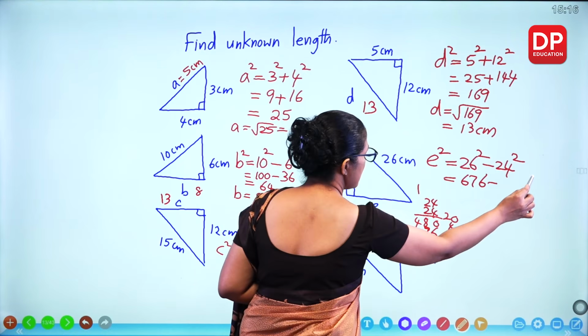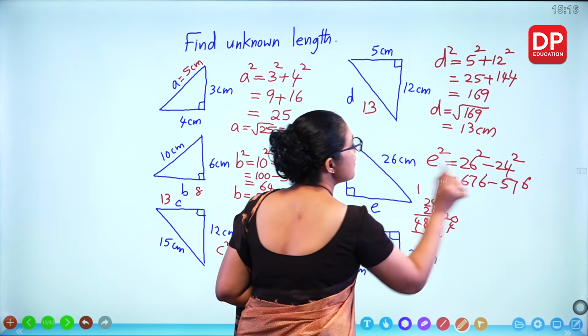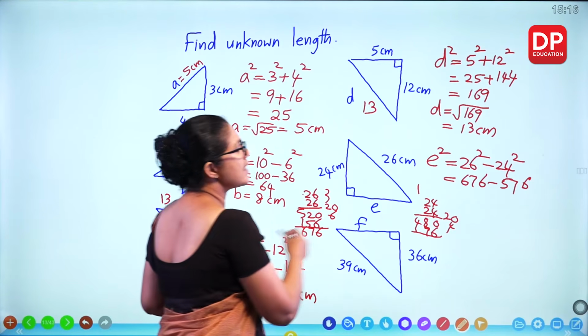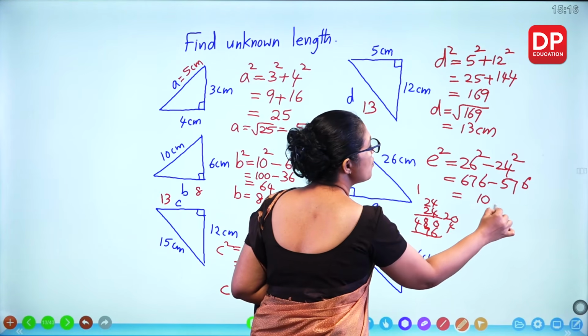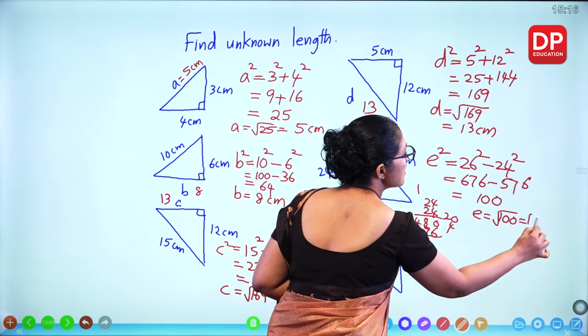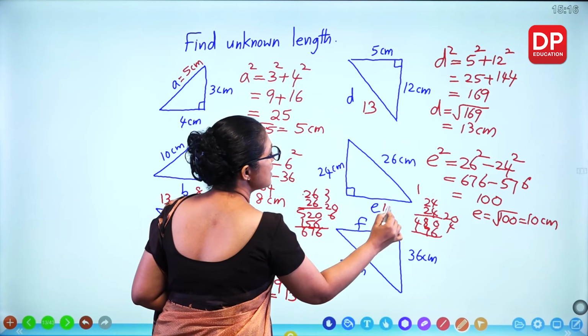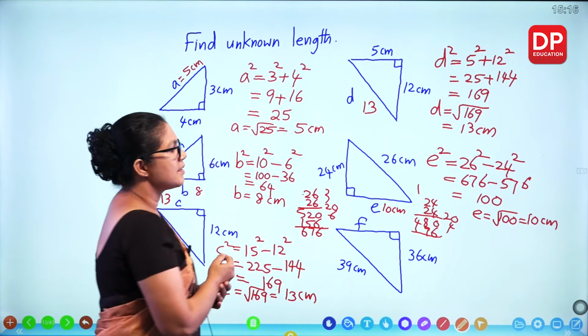So you get 576. So you get 100 there. Square root of 100 is 10. So you get 10 centimeters for E letter.